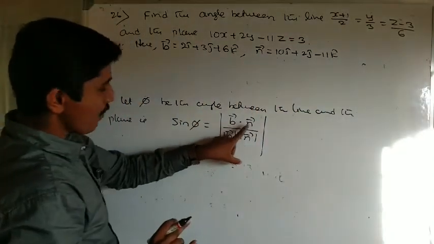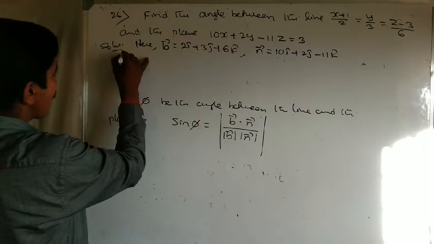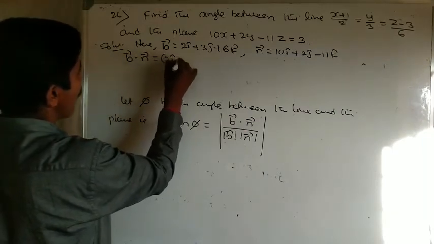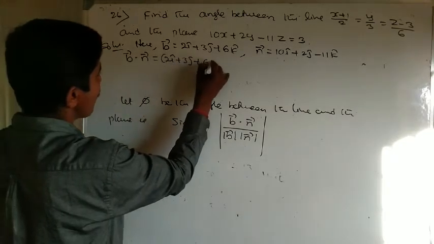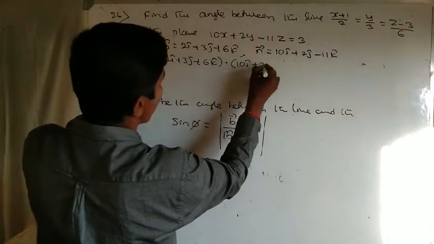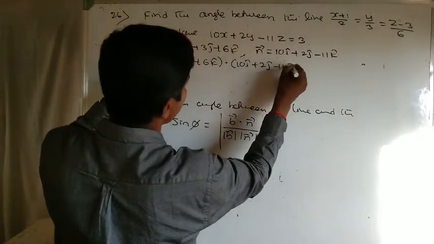First I am going to find vector b dot vector n: (2i plus 3j plus 6k) dot (10i plus 2j minus 11k).